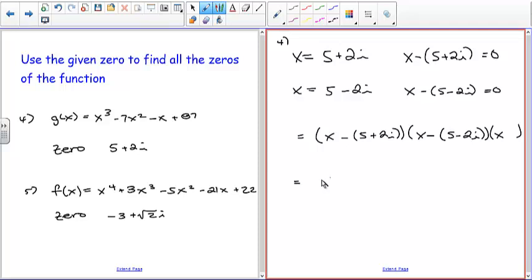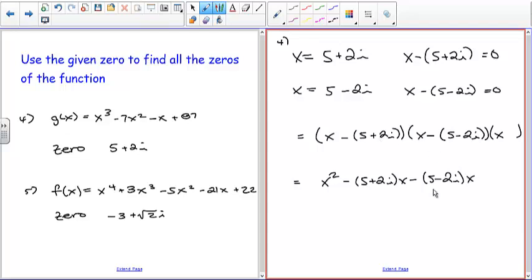So x times x is x squared. Then you've got minus 5 plus 2i times x. And then you got minus 5 minus 2i times x.